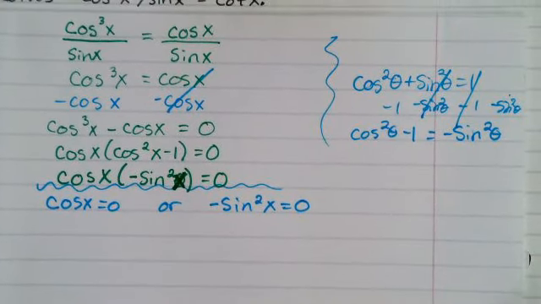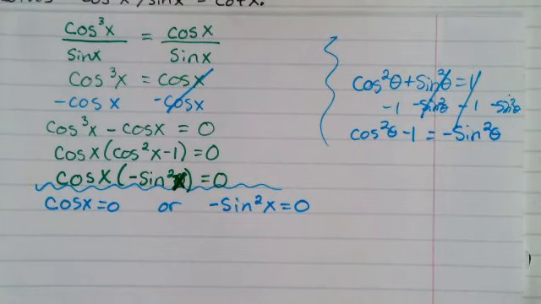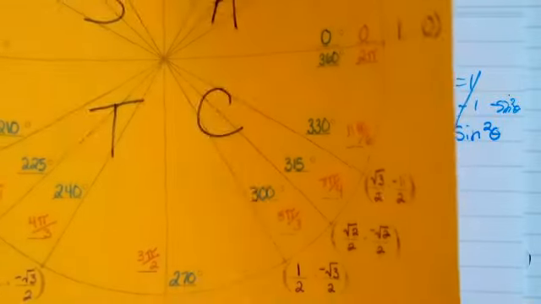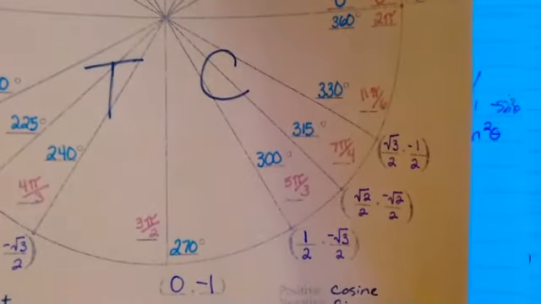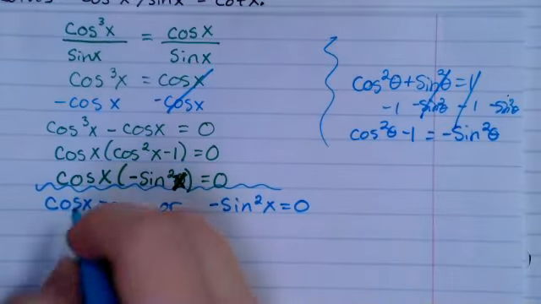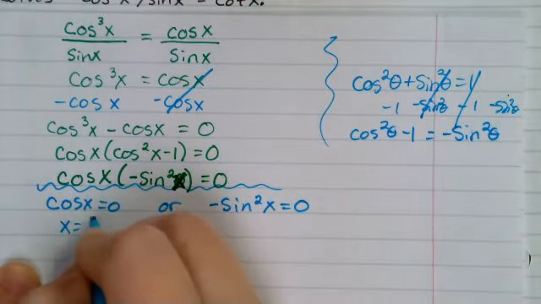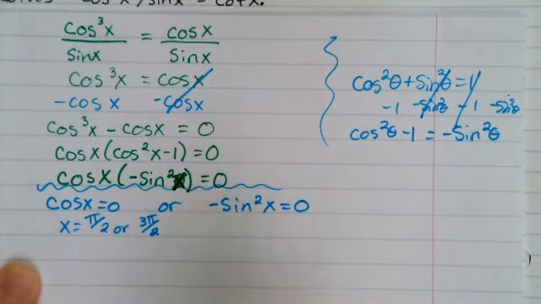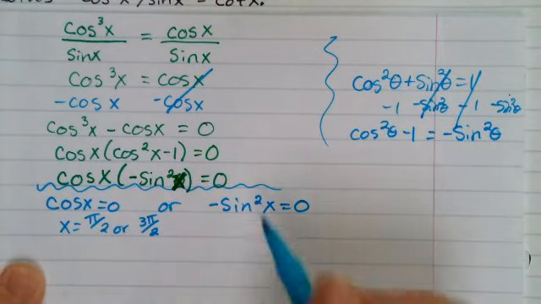I'm not looking at all the infinite places, okay? So where is cosine 0? I'm looking at where is my x-coordinate 0 on my unit circle. Okay, x is 0 here at pi over 2 and also down here at 3 pi over 2. So my answers for this guy would be that x is either pi over 2 or 3 pi over 2. And those are the values within the interval.